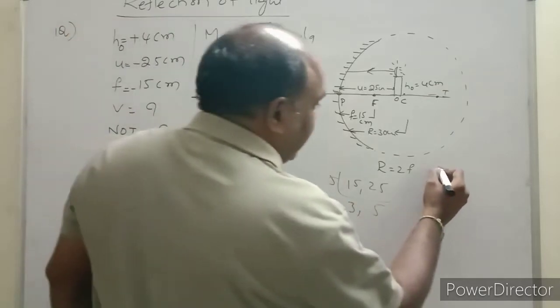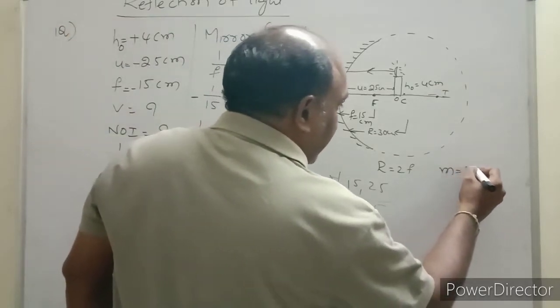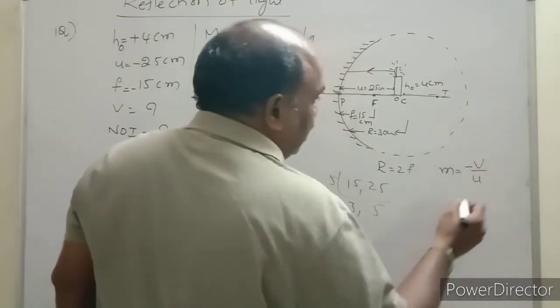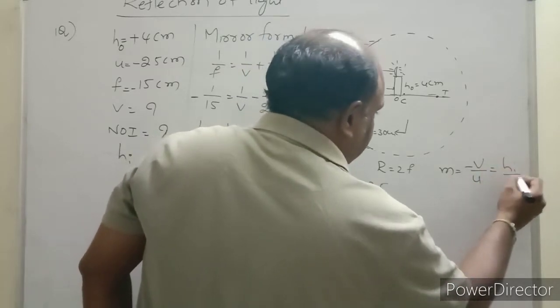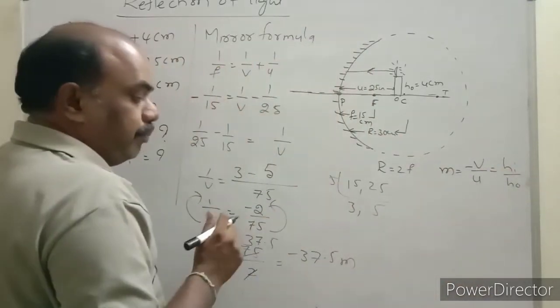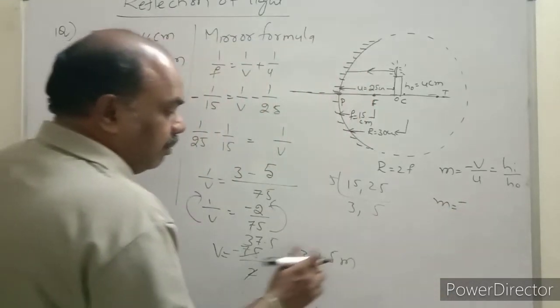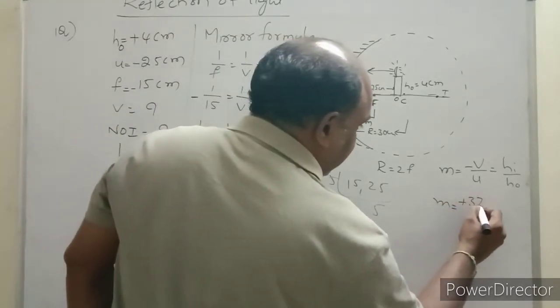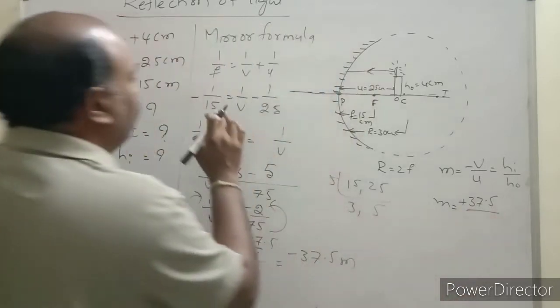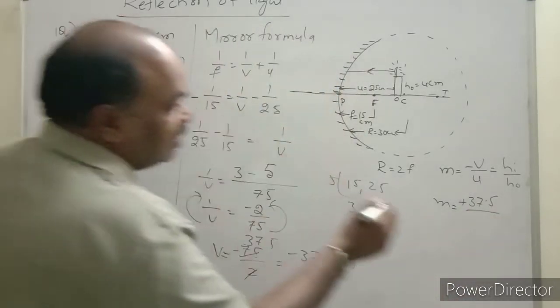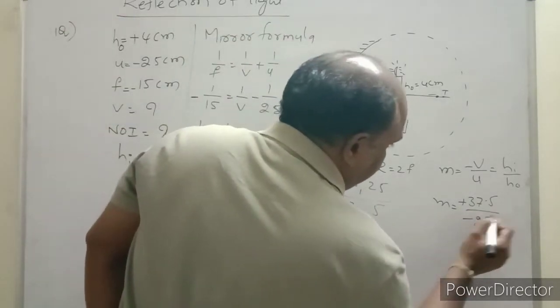Now we will see the nature. Nature means magnification. Magnification is equal to minus v by u. That is equal to hi by h naught. This is the formula we just saw. Magnification is equal to minus of v, what is v? Minus 37.5. Minus into minus is plus, 37.5 by u. u is how much? u is minus 25.